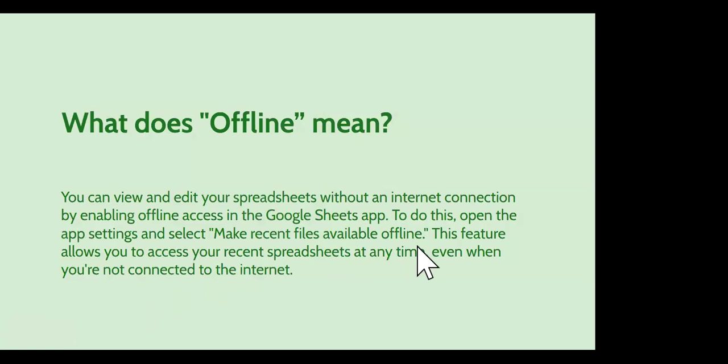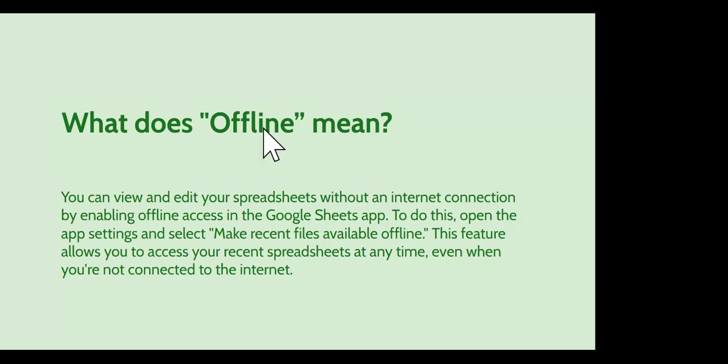What happens is, once you select a file offline, if you go to a place that doesn't have an internet connection, you can still work on that file. And when you go back to a place that has internet, everything that you did while offline will be saved when you are online. The offline mode just allows you to work on a document even when you don't have internet.